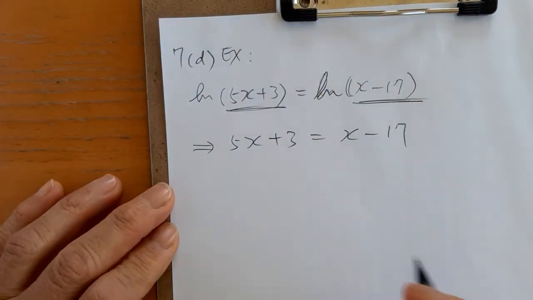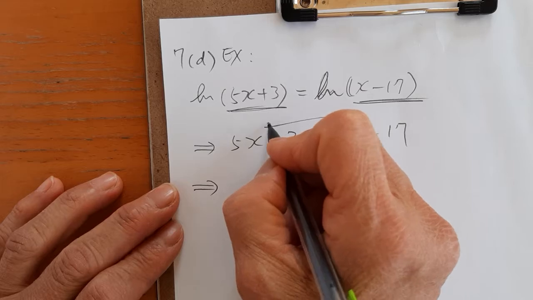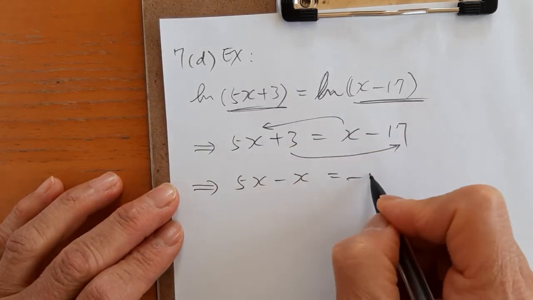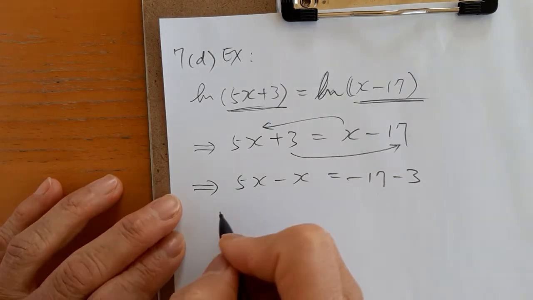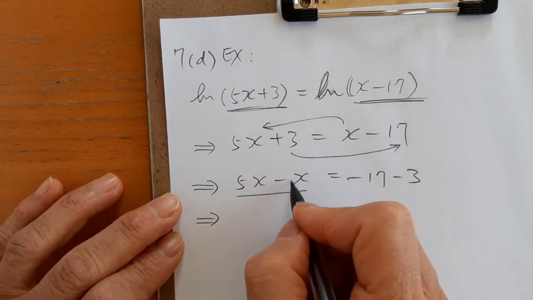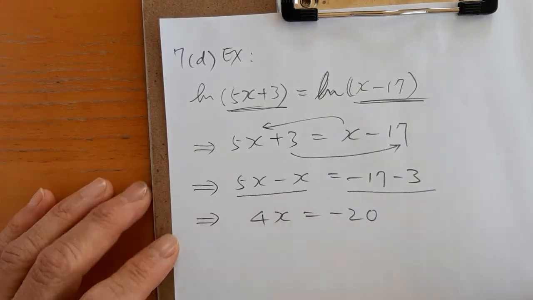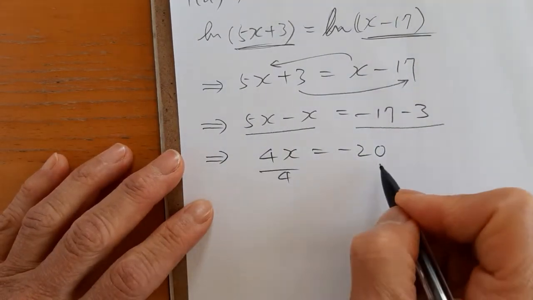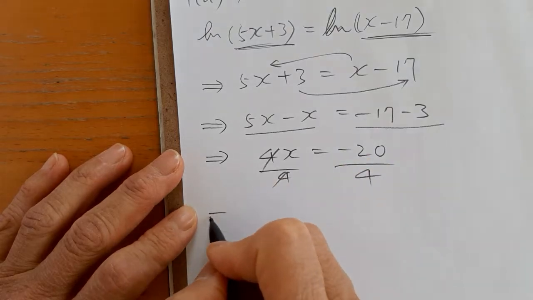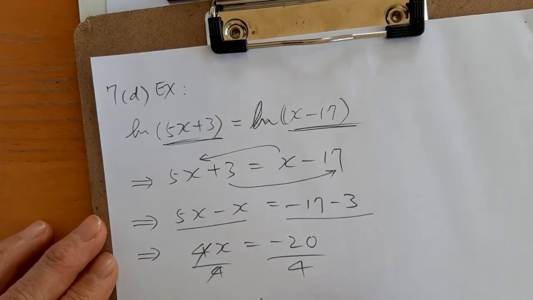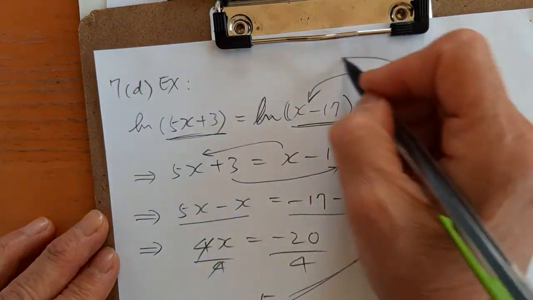Solve for x. The x moves over, change the sign, it's minus x. The 3 moves over, change the sign, becomes minus 3. Combined, 5x minus 1x is 4x, which equals negative 20. Then divide by 4, the 4s cancel, so we get x equals negative 5. Now you always have to put it back into the original to check.